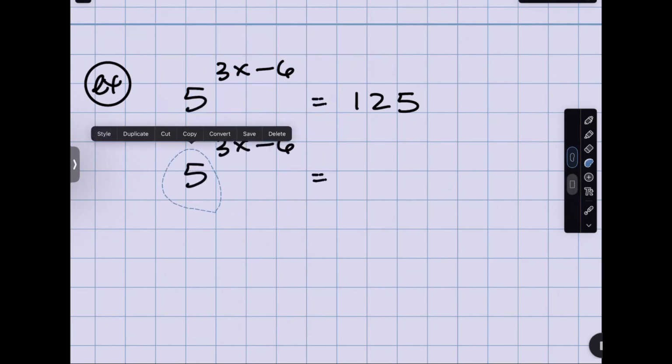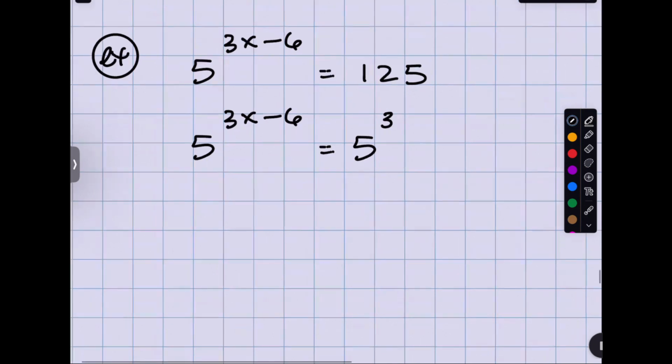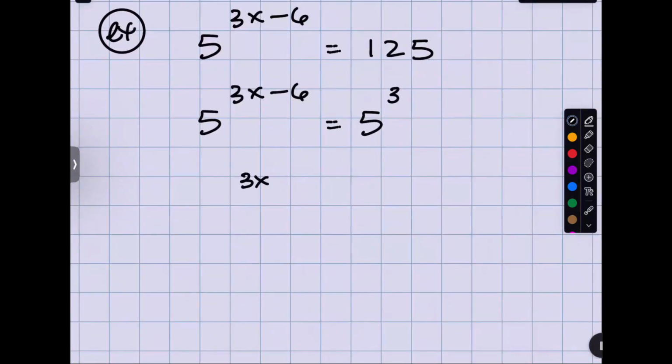Anytime we solve, we're solving for x, but since I can write 125 as a base of 5, then I could do that. So what's my equation here? Are we okay there?